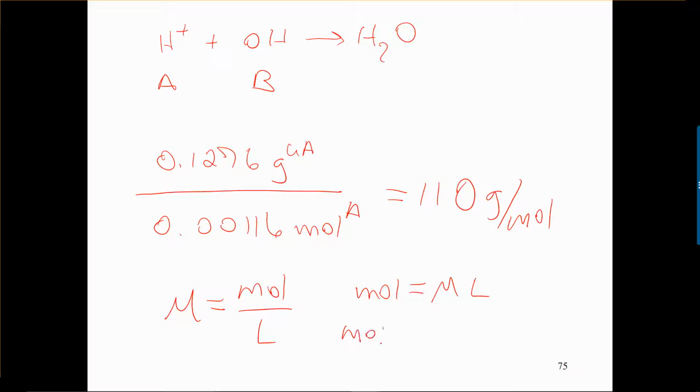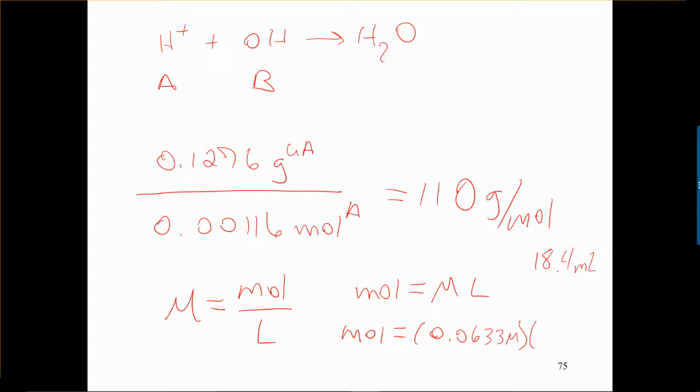So the moles here is equal to the molarity, which is 0.0633 molar times the liters, and I have 18.4 milliliters of base that I use to titrate this with, and the base molarity is 0.0633 molar.